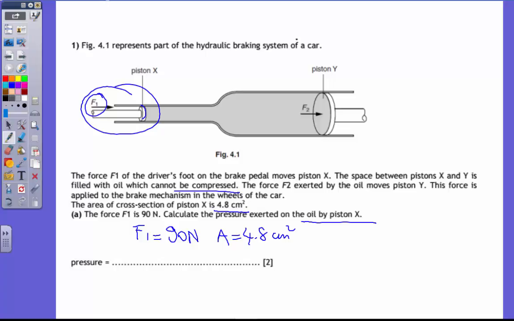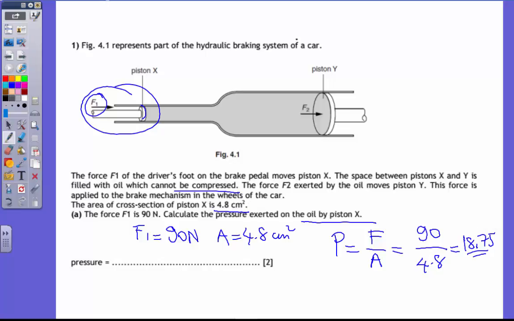And we know how to find the pressure on the piston. Pressure is equal to force over area, which is 19 over 4.8. So the answer is equal to 18.75.